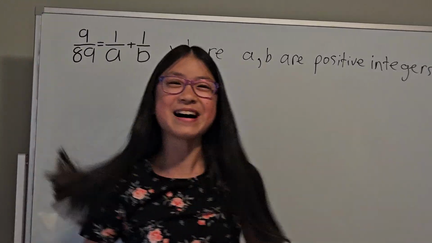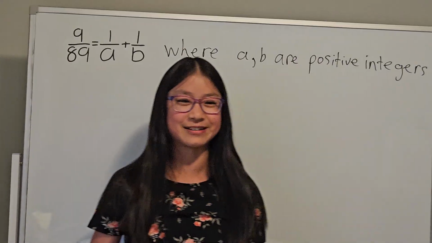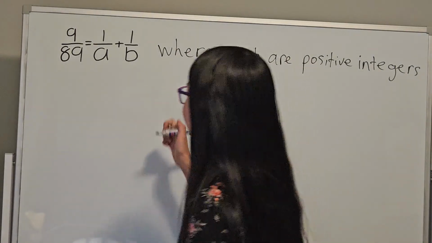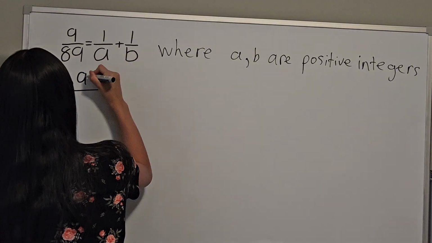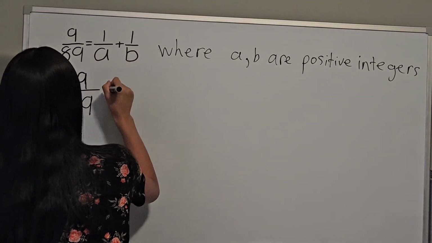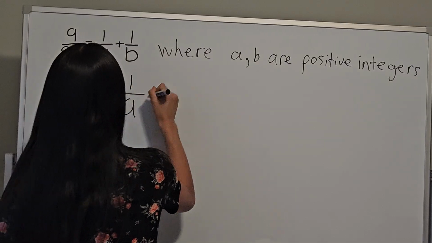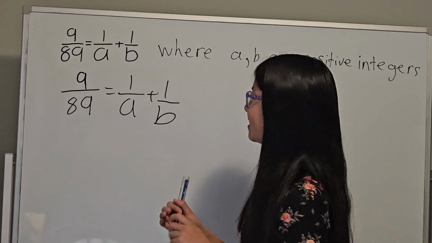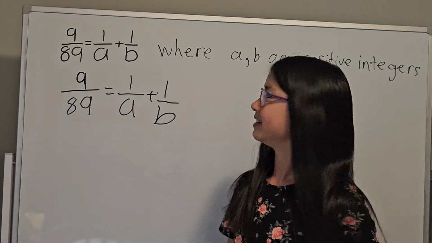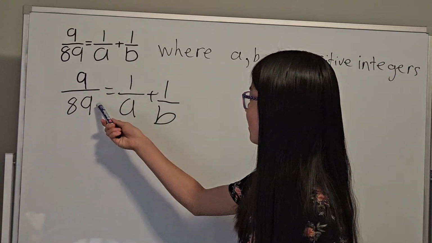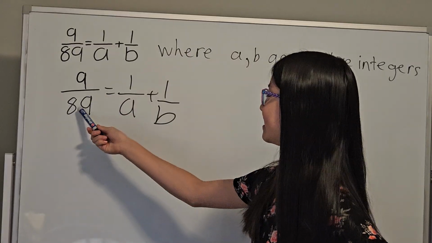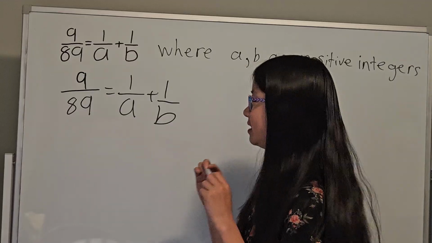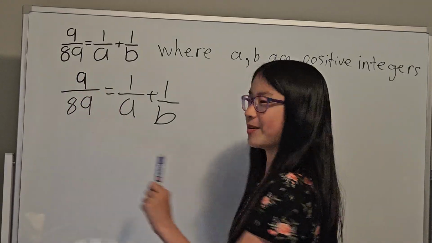Okay, so my method involves playing with numbers because numbers are like mathematicians' favorite toys. So we can see, 9 over 89 equals 1 over A plus 1 over B. Now, we could play with them and try to times these numbers because 89 is a prime number, so we have to turn it into not prime, which means we have to times the numerator and the denominator by a number.